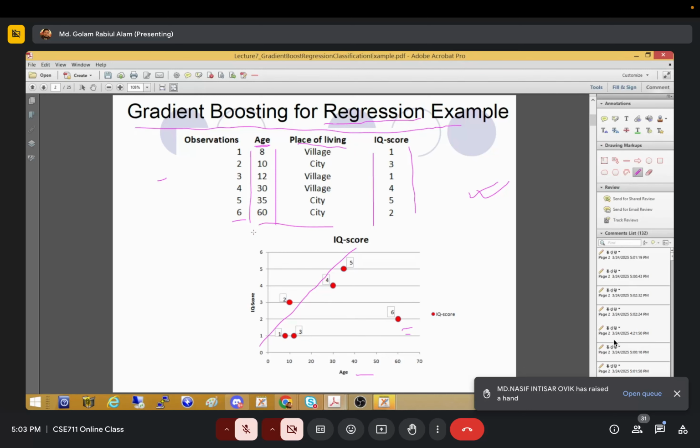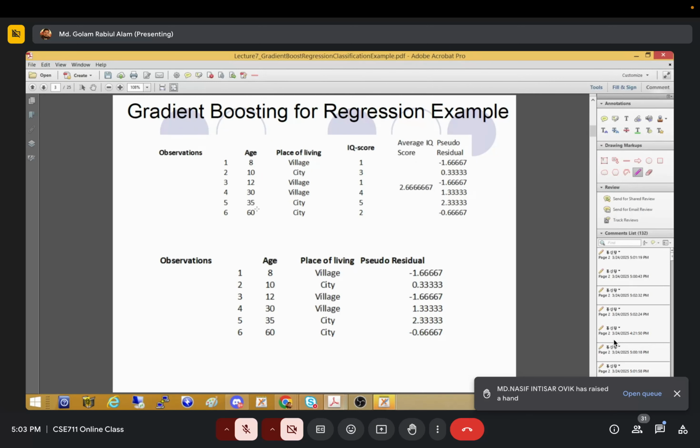We have to keep in mind that this is a regression problem. The age and place of living are given, along with the IQ score. We know that in gradient boosting, for regression or classification, we need a base model.